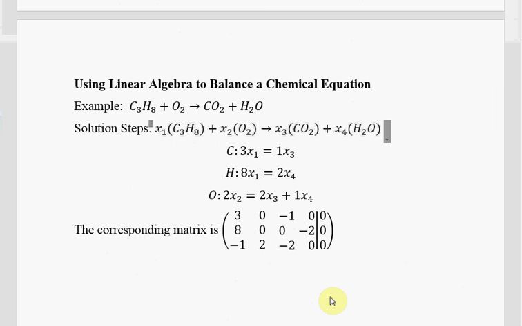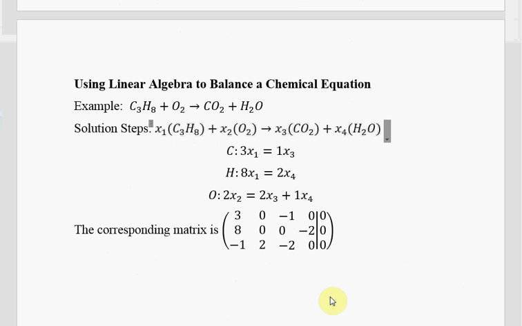Now I go to the second element, hydrogen. Looking at its left side and right side, input and output, I have 8 of these, assigned x sub 1, so 8 x sub 1, equal to, on the right side, we assign this x sub 4, so it's 2 times x sub 4. And then lastly, we have the oxygen.